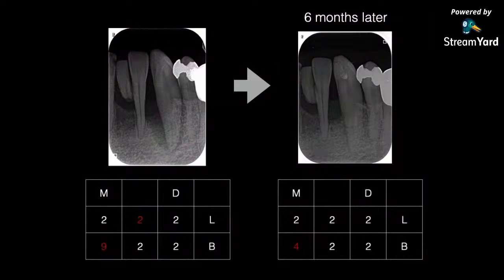And this was the result 6 months later. You can see the improvement of the X-ray.